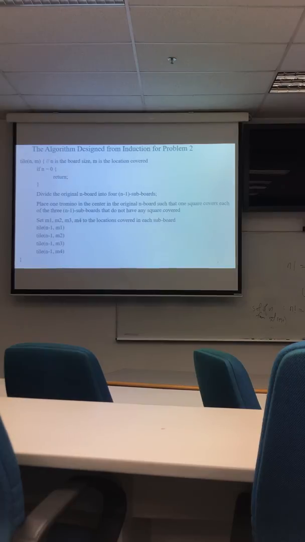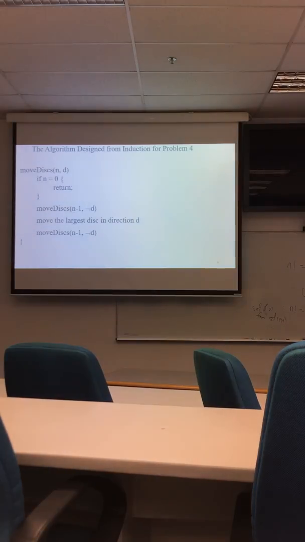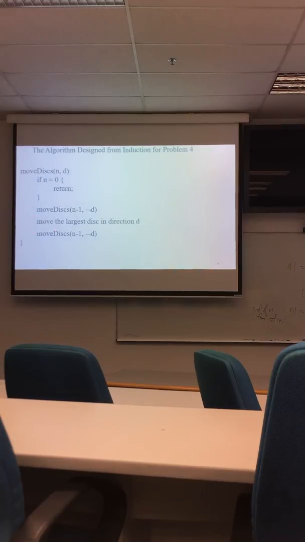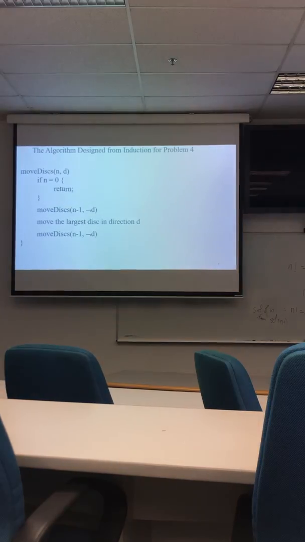Okay, so this can be written as an algorithm. The Towers of Hanoi can also be written as an algorithm, with 3 steps. If n equals 0, if there are no disks on the tower, we don't need to do anything, just return the solution.